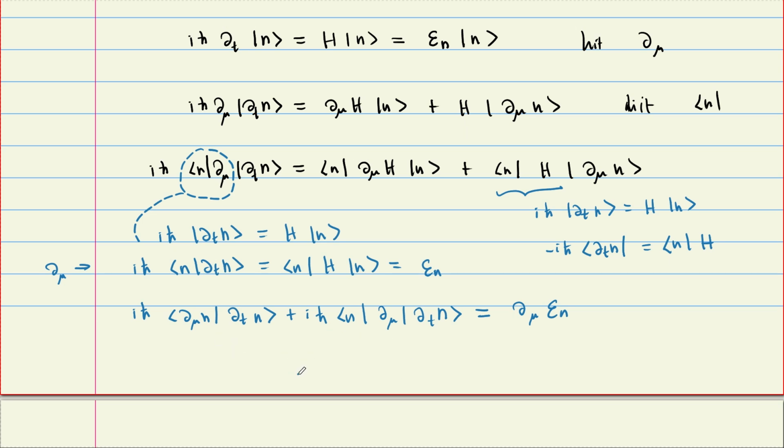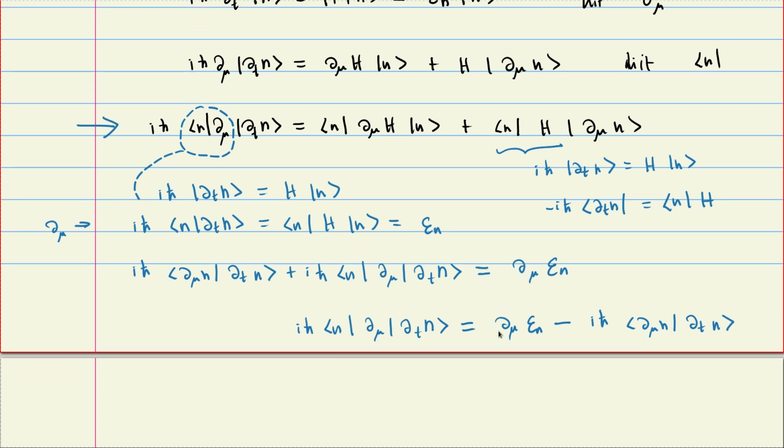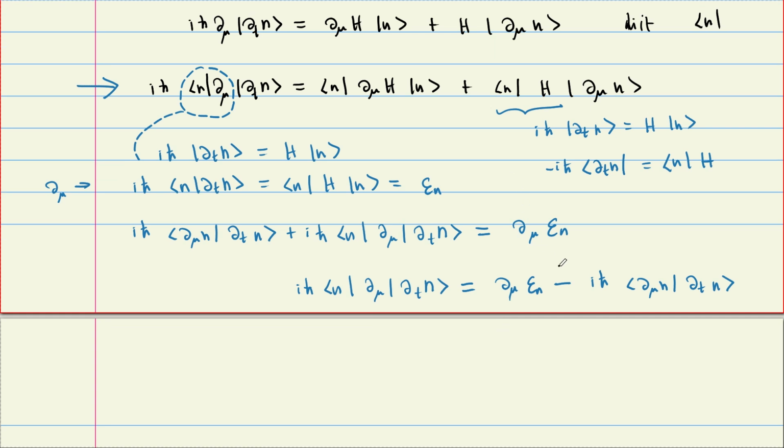So this i h bar object, from this calculation, is going to be equal to del mu epsilon of n minus this thing. That's exactly what we are looking for. Yes, that's correct. Then I will put everything back to here. We are trying to manipulate this line.